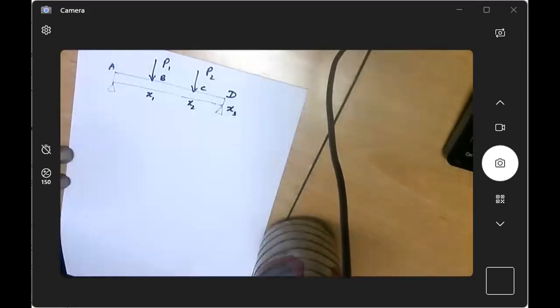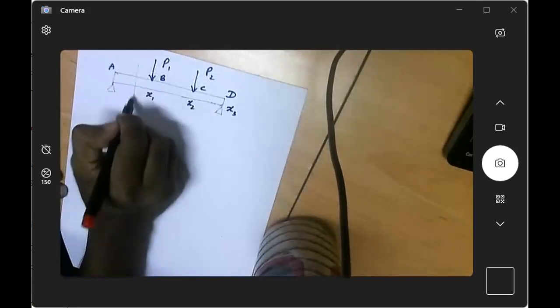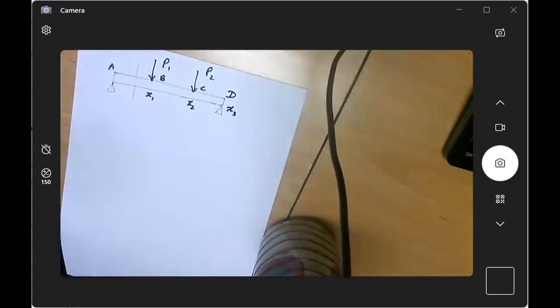We don't need all of these because for this exercise, what we're going to do is make a cross section somewhere here. When you get such a question, what is the first thing to do?